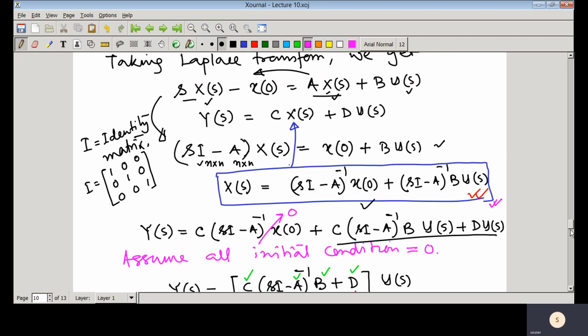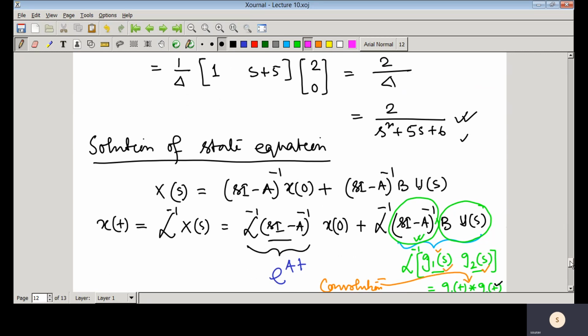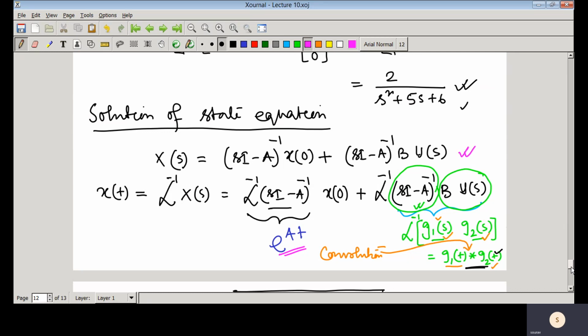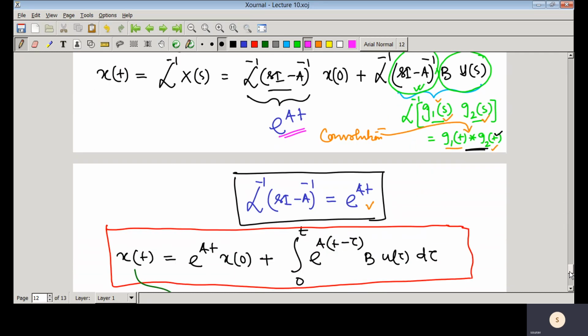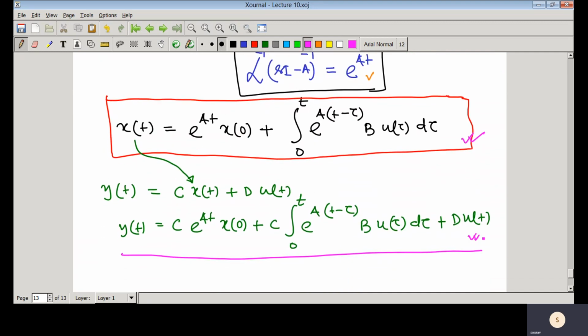If you take the Laplace transform, you get this expression, and x(t) is the Laplace inverse of this. Whenever we take the Laplace inverse, we get a new matrix which is called the state transition matrix. The final solution is the states of that system, and this is the output of that system. Now we are interested in that particular matrix, the state transition matrix.